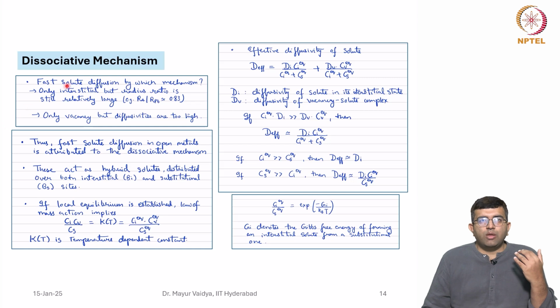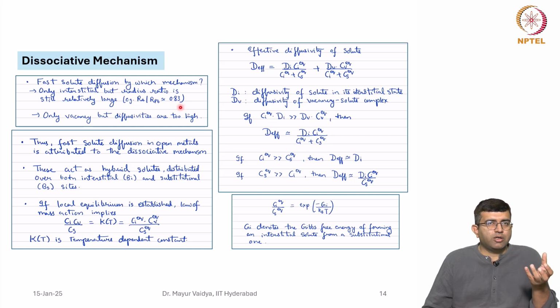If it occurs only by interstitial mechanism, but the radius ratio is still relatively large, for example, R_Ag by R_Pb is approximately 0.83. So, this is still large to believe that all the solute goes into only the interstitial site, because it will cause so much strain in the lattice.